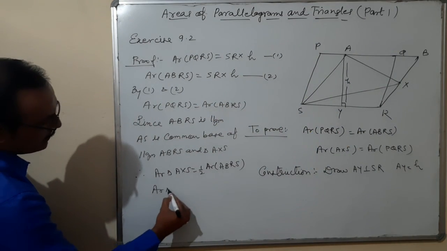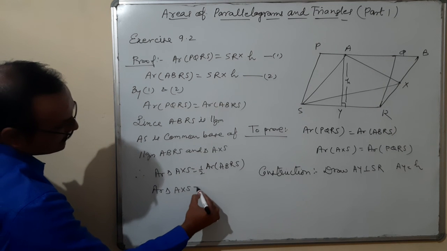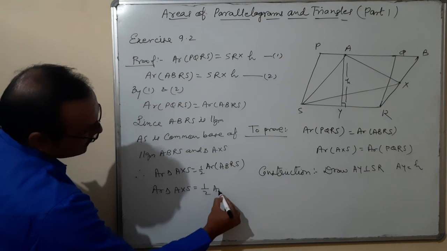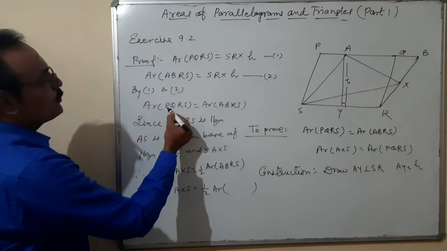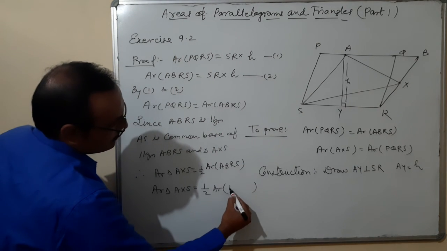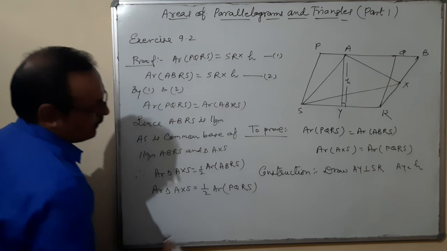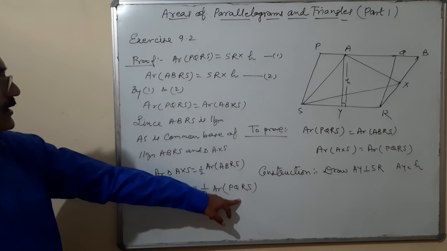Therefore, area of triangle AXS is equal to half of area of PQRS, because ABRS is equal to PQRS.